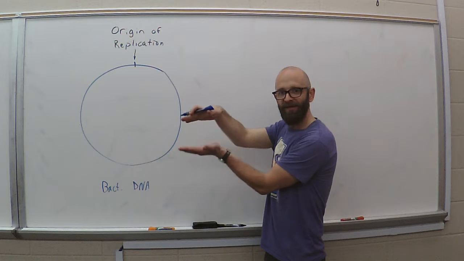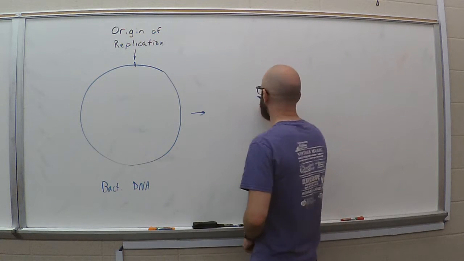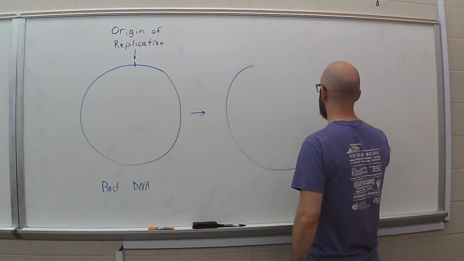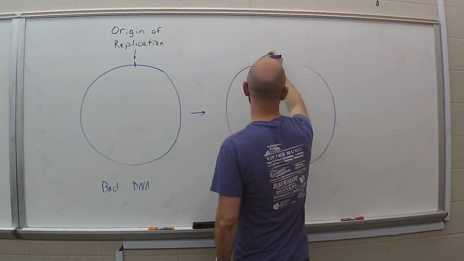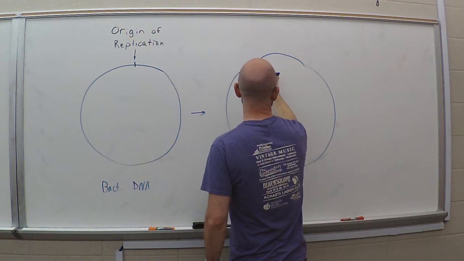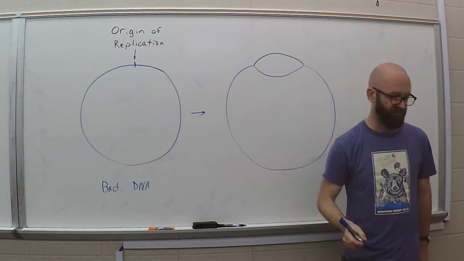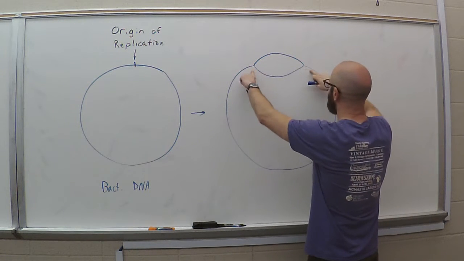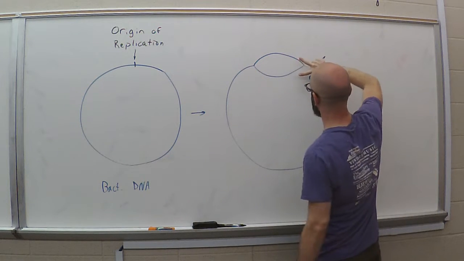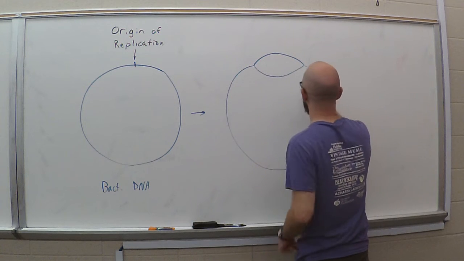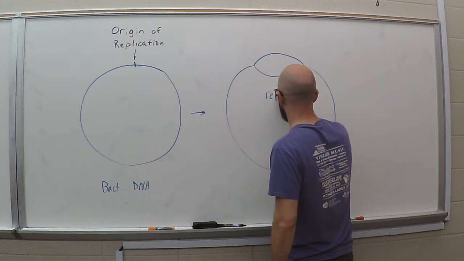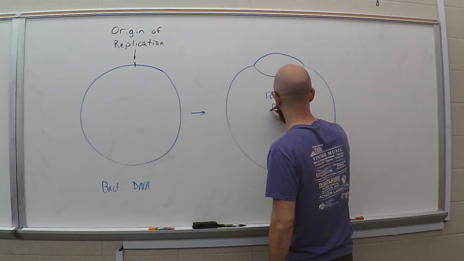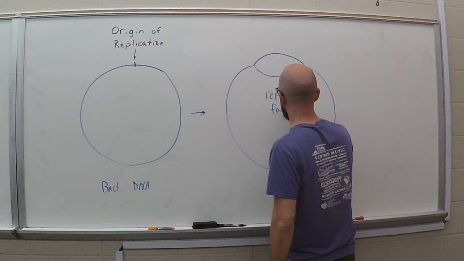So when replication starts, remember the first thing that has to happen is that double strand of DNA has to pull apart. So spreading out from that origin of replication, you'll see two strands. Two places where the circular DNA forks, one right here, one right here. And we call that a replication fork.